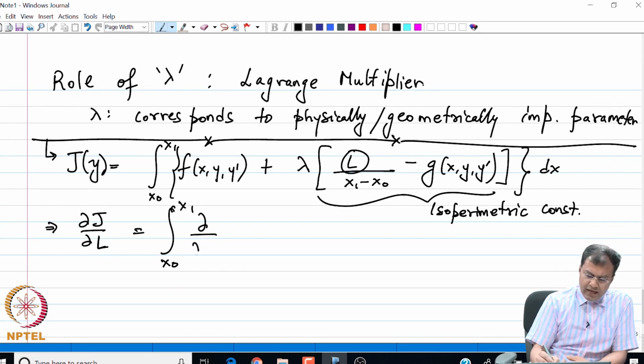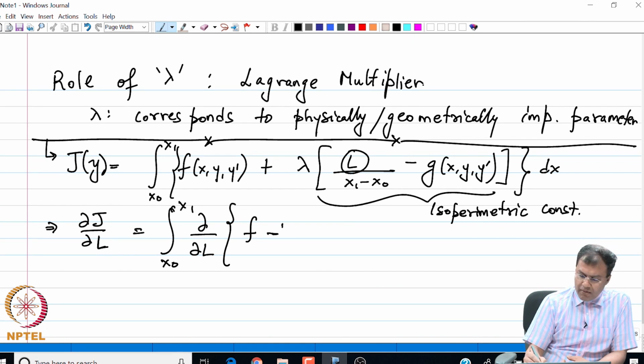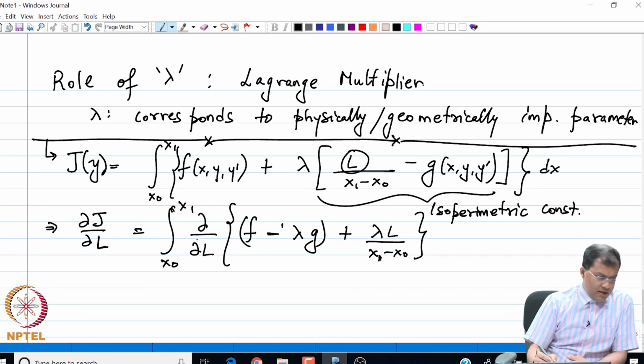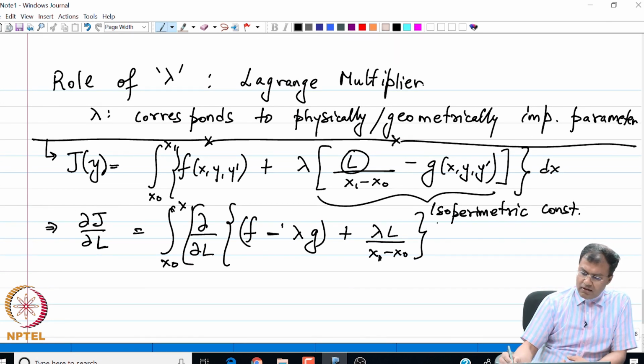So this is the derivative with respect to L of f minus lambda times g plus lambda L by x1 minus x naught, and this is integrated with respect to x.